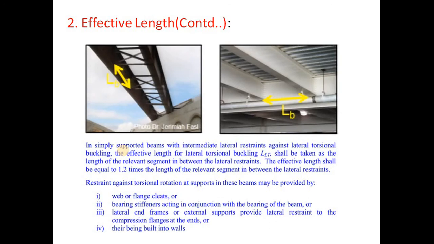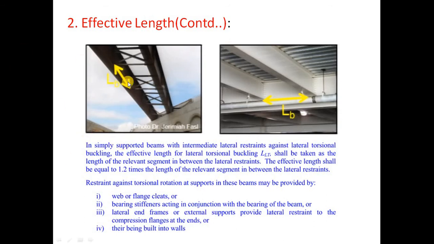Now, how the effective length is calculated: in these diagrams you can see how the effective length can be measured. In simply supported beams with intermediate lateral restraints against lateral torsional buckling, the effective length for lateral torsional buckling shall be taken as the length of the relevant segment between the lateral restraints.